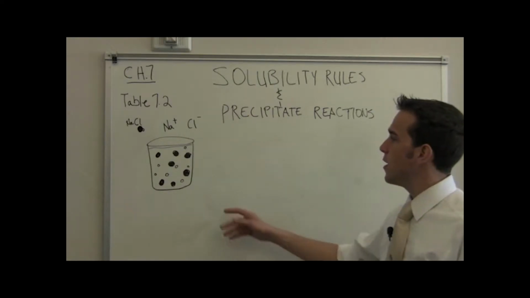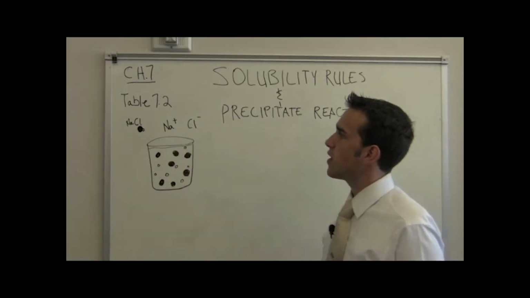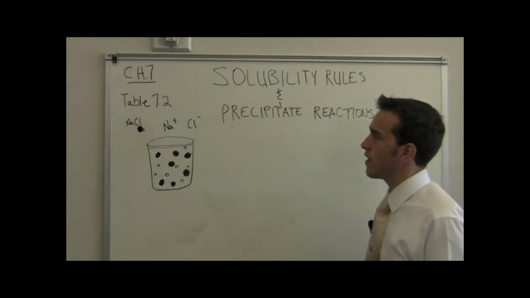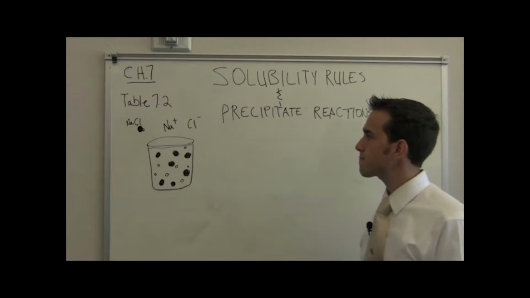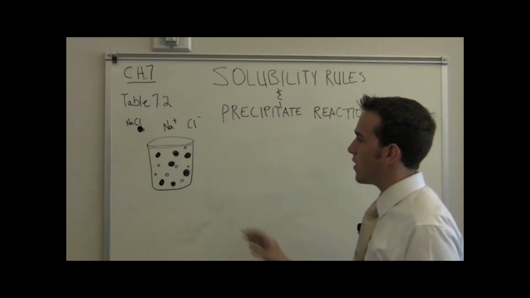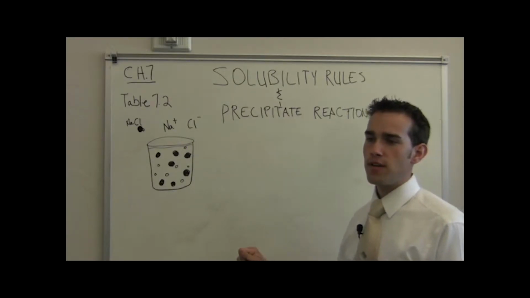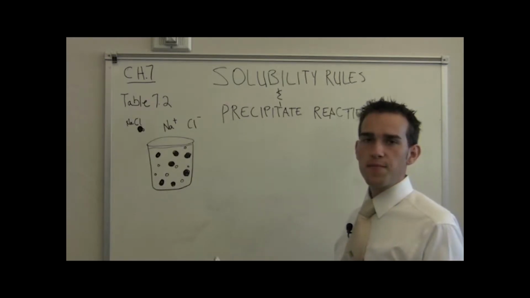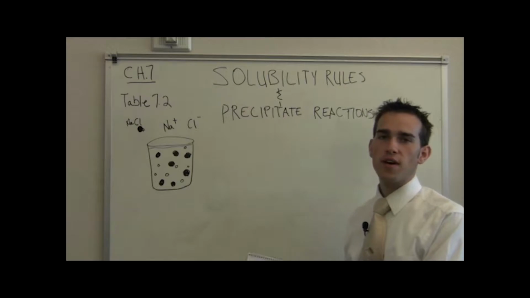And that happens because soluble ionic compounds are strong electrolytes, meaning that they'll completely dissociate into ions. To know when that happens, the solubility rules are the way to know that. Some compounds will always be soluble based on what's involved in the compound.